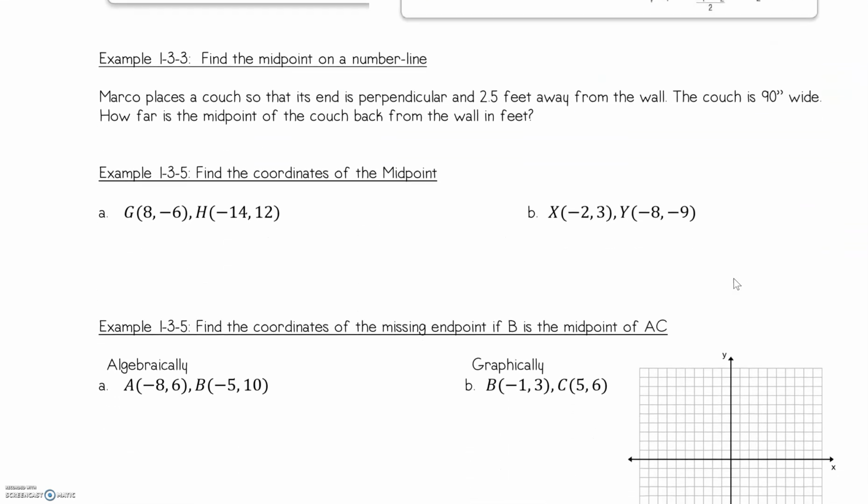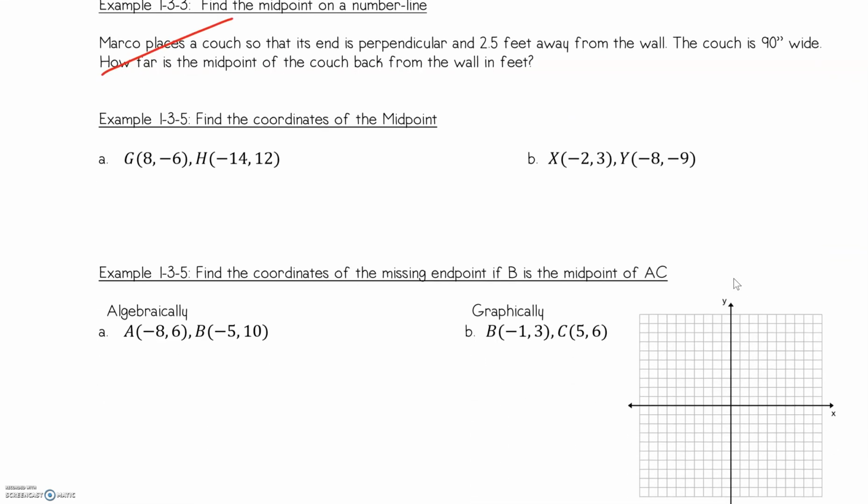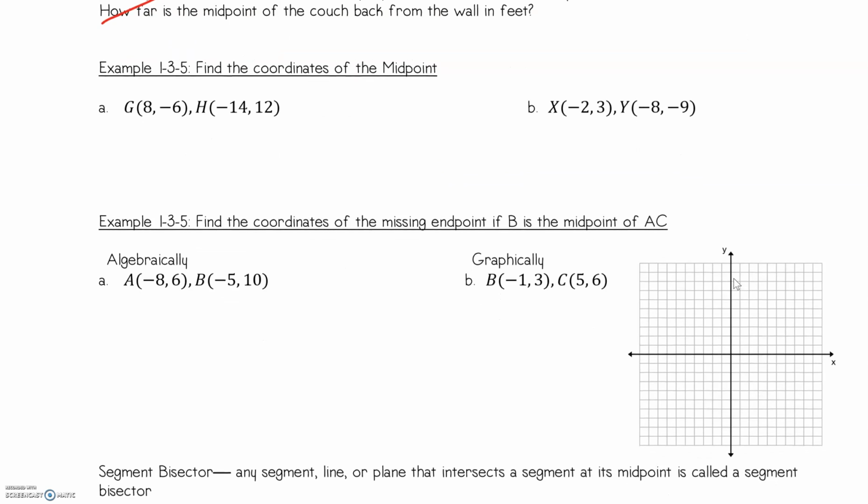So we're going to skip that example there, and we're going to jump down because you're going to see more of these types of examples here with 2 points. Make sure that you don't get confused because we just saw distance and we had 2 points. This is midpoint, so make sure you read those directions and you know what you're searching for. So for midpoint, we are going to take our x1 plus our x2 and divide it by 2.